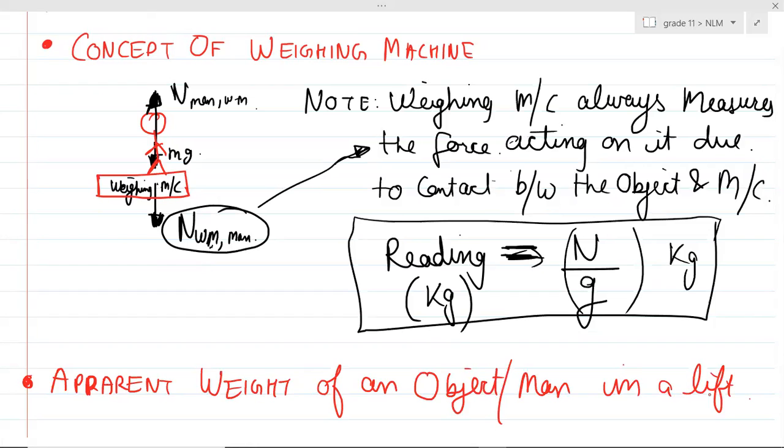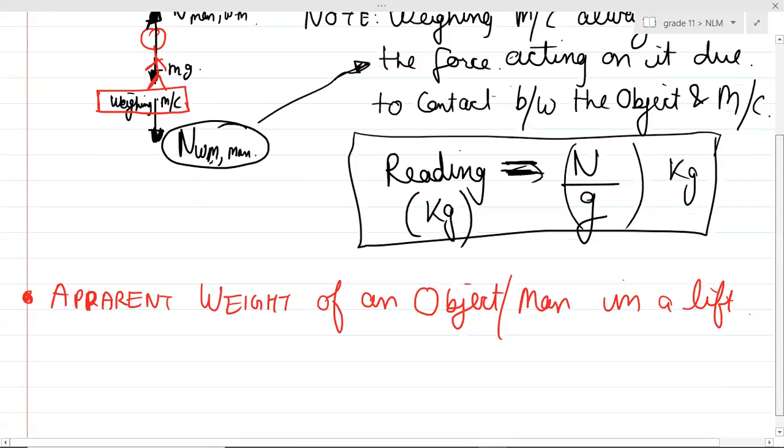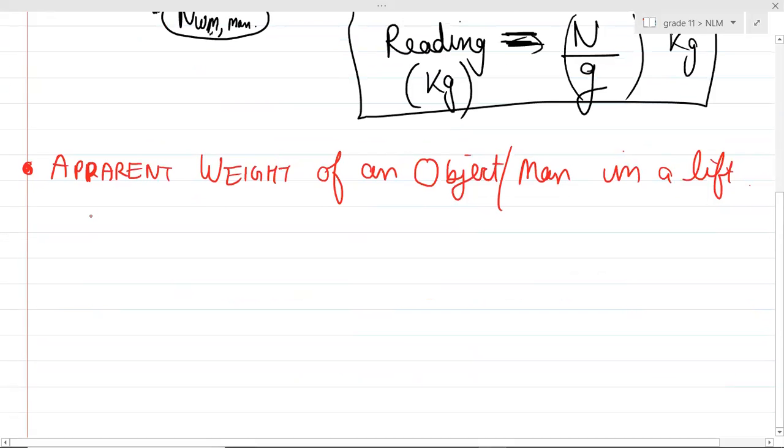Yes, sir. So we'll see the apparent weight of an object or a man inside a lift. So let us see. How will you measure this weight? You will measure this weight using what?